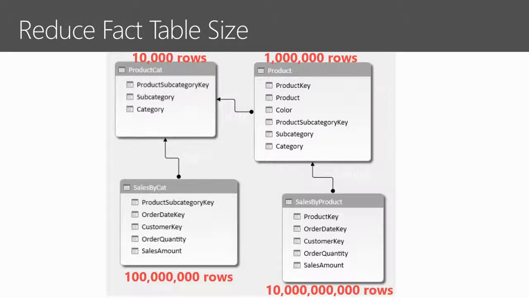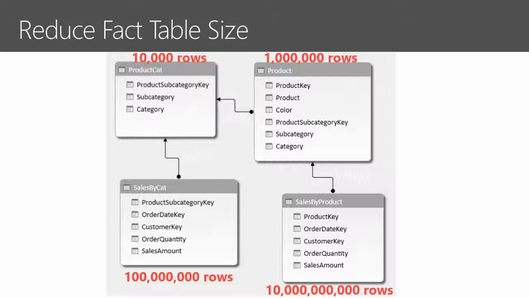So at this point, you can also do another thing. If I know that most of my queries will be done at another granularity, I can duplicate my fact table, and I can create my aggregated fact table that instead of having a product granularity, has a product subcategory granularity. I can obtain this table as a result of a DAX query over this table, if you want.